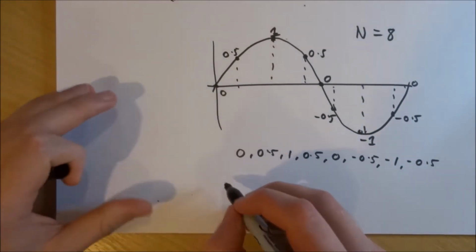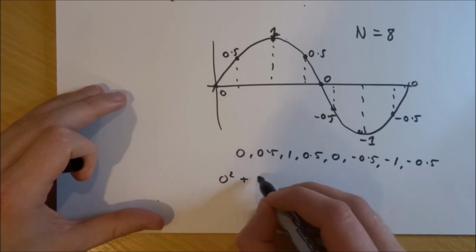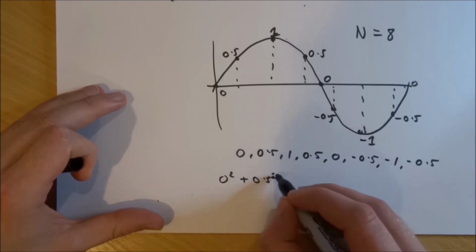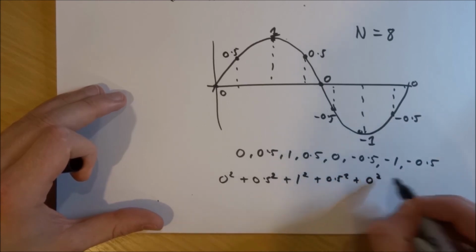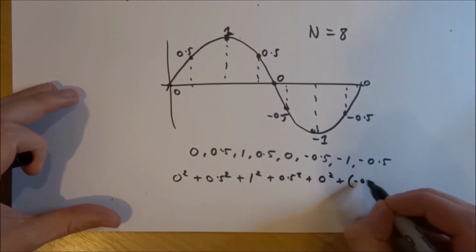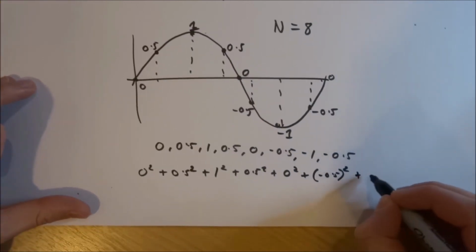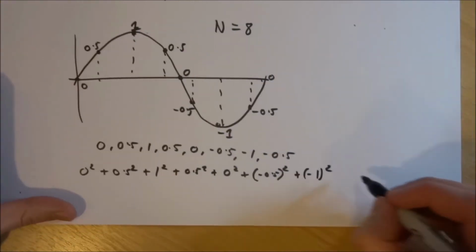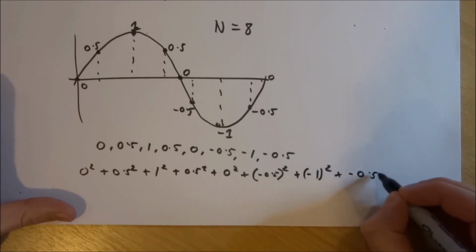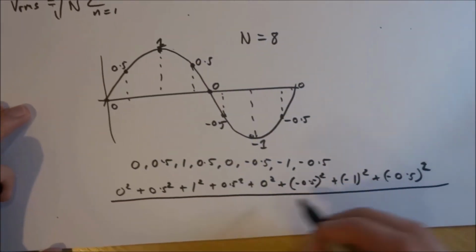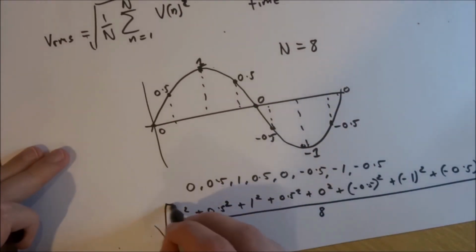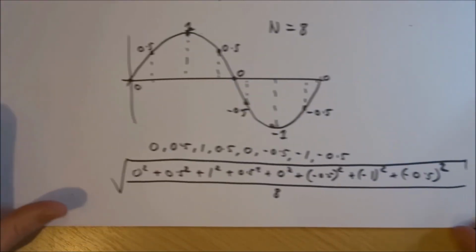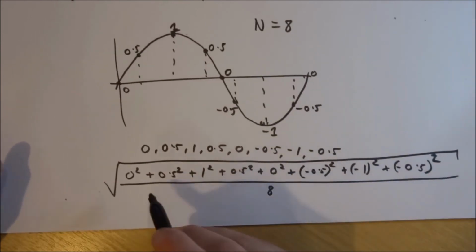So we are adding them all up, so we do 0 squared plus 0.5 squared plus 1 squared plus 0.5 squared plus 0 squared plus minus 0.5 squared plus minus 1 squared plus minus 0.5 squared. We divide all of that by our capital N, which is 8, and then we take the square root of the whole sum.